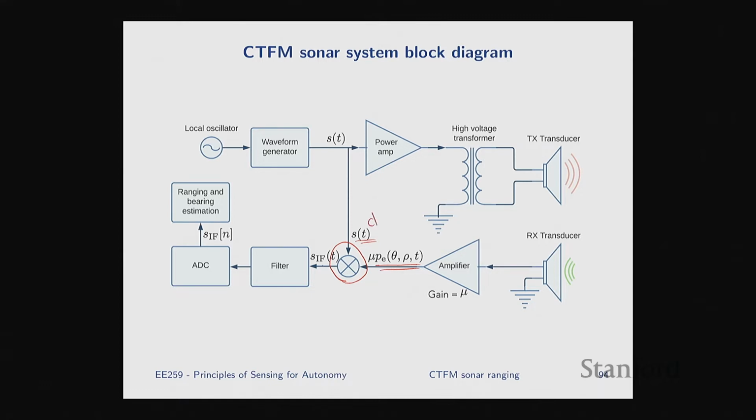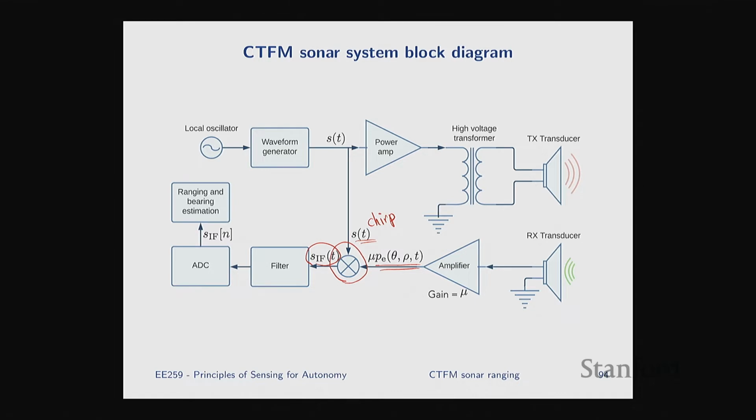So that's the chirp that we send, and then it outputs some signal which we call S_IF of t, which is our intermediate frequency signal. And if this block is designed right, that S_IF of t should have a frequency at delta F, which is the difference between the transmitted and the received echo frequency.